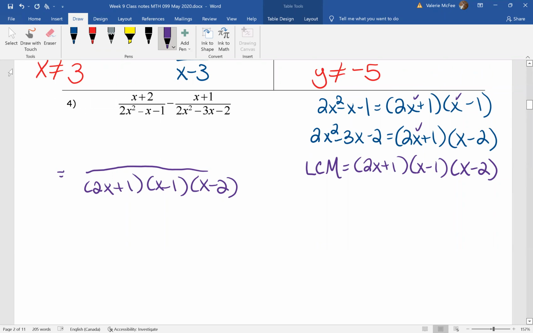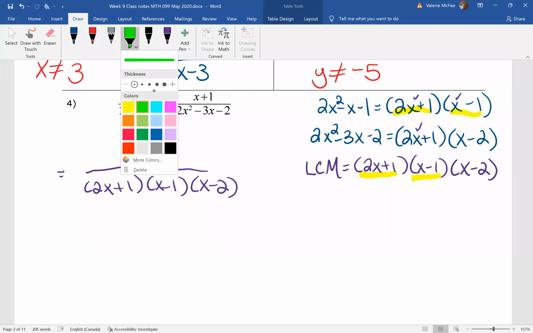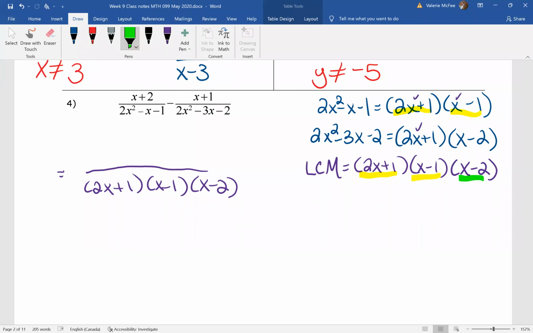So what's missing? We have 2x plus 1 and x minus 1. We see that we're missing the x minus 2. So we have to multiply the numerator and the denominator by that missing factor, x minus 2.